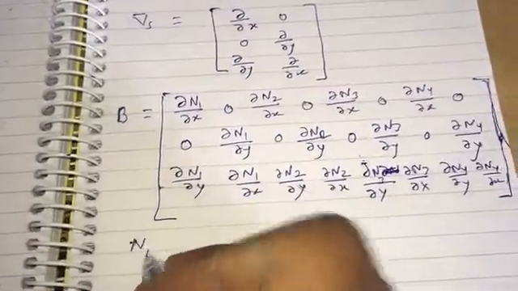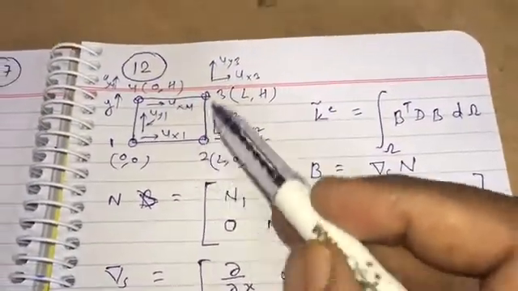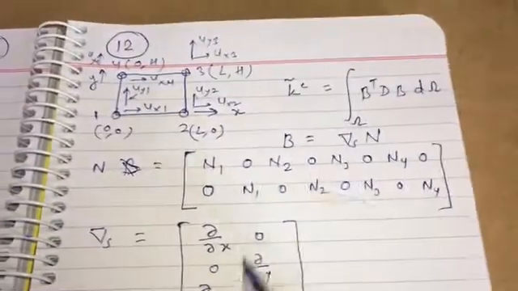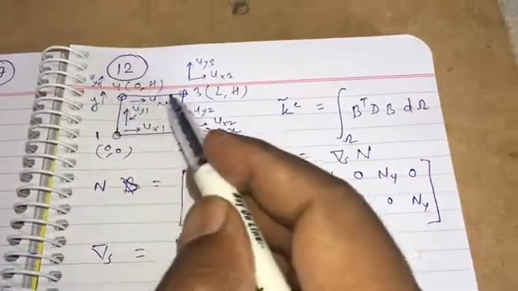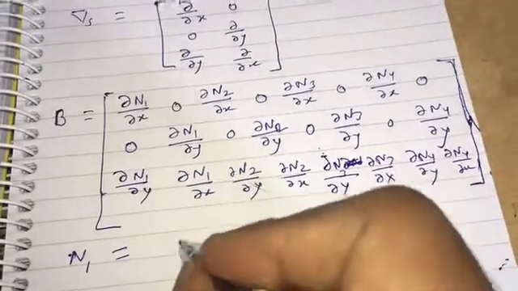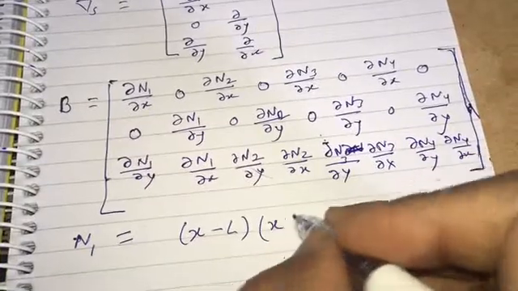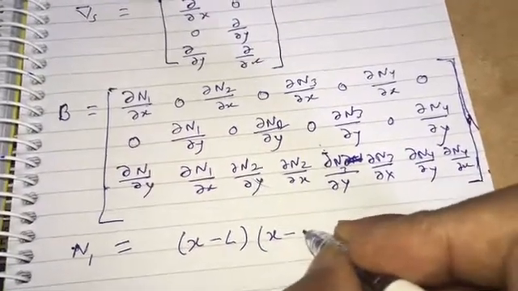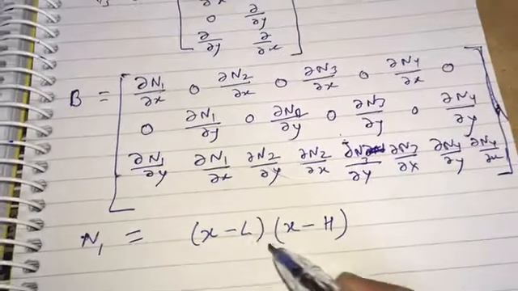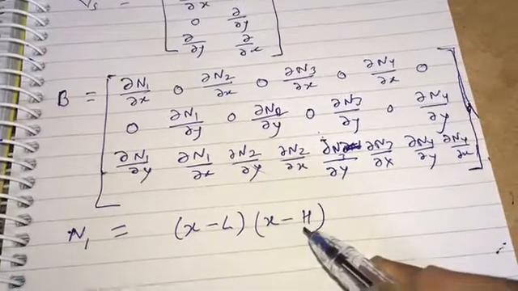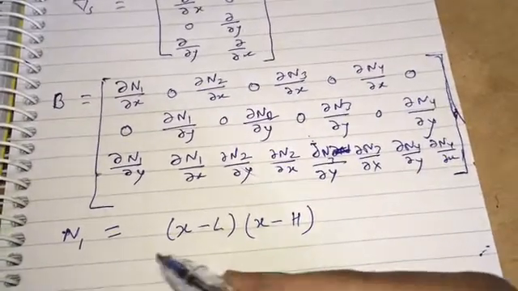So N1 will be equal to the equation of those lines. Okay, so that will be x equal to L, and this is y equal to h. So we will have (x minus L) times (y minus h), so that when x equal to L, N1 becomes 0, and when y equal to h, N1 becomes 0.